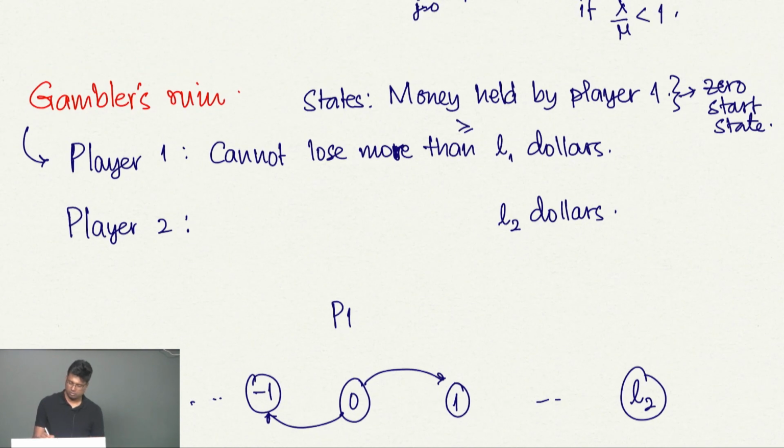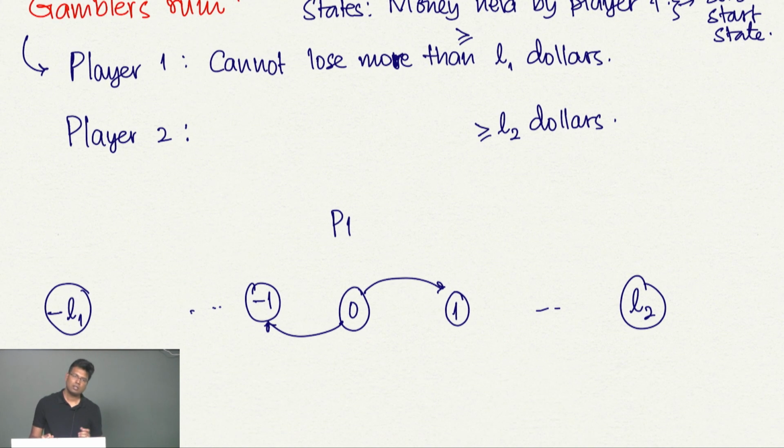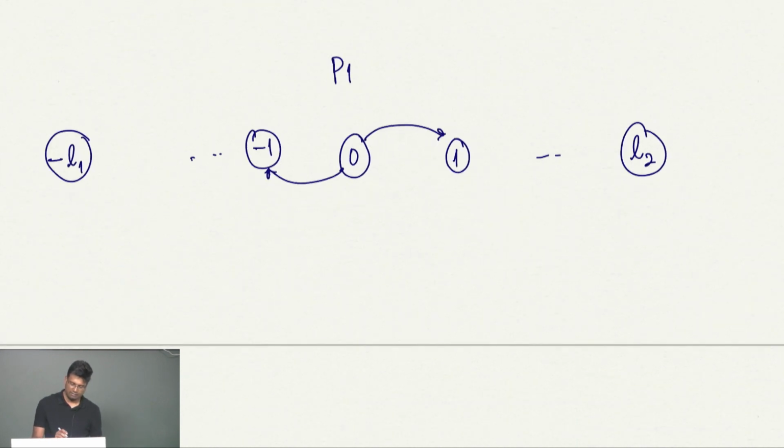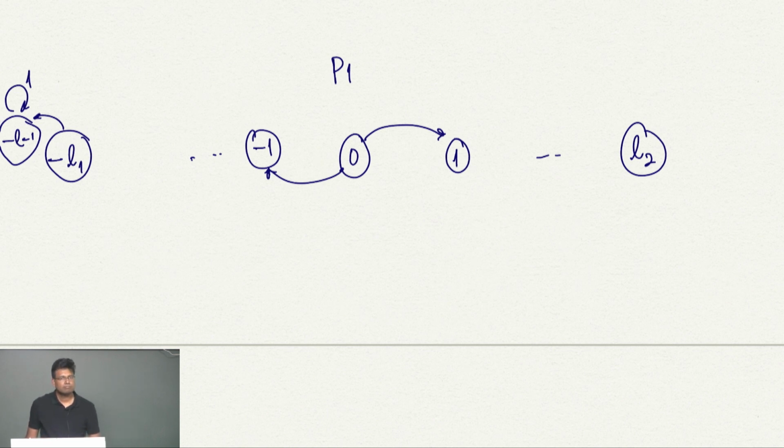Even if we create a new state, we can have an arrow with probability 1, so you stay there. That makes sense, right?